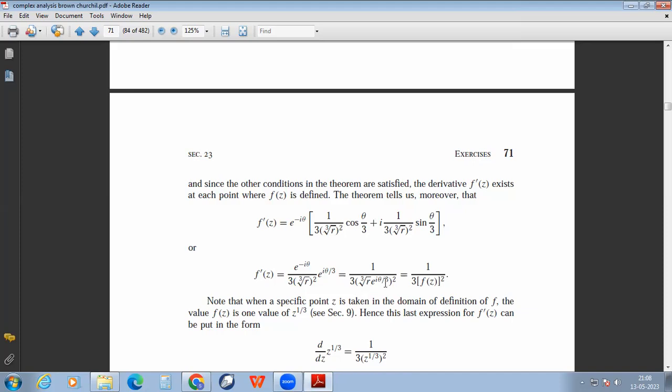They have carried it down and now they are calling it thrice f of z squared. This is in the denominator. So whatever we use in our functions of real variables, same kind of thing you'll observe in case of complex variables also, as far as the formulae for derivatives are concerned.